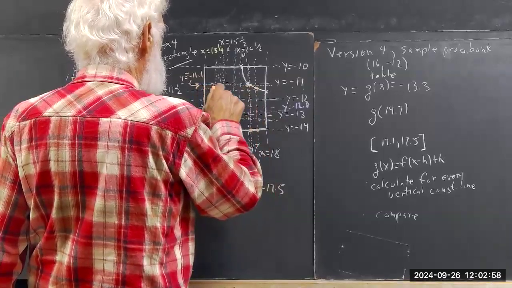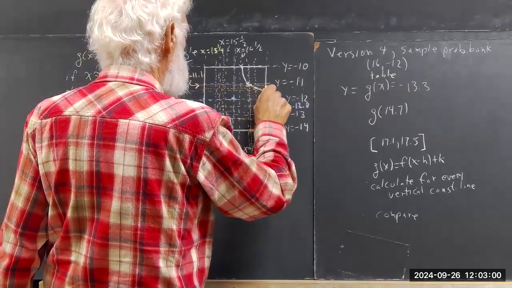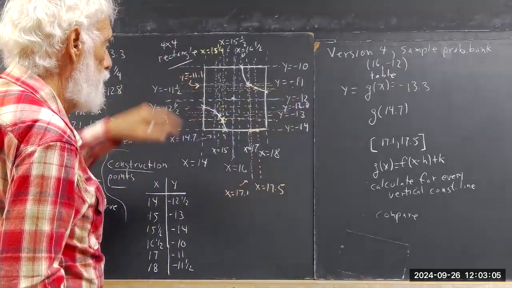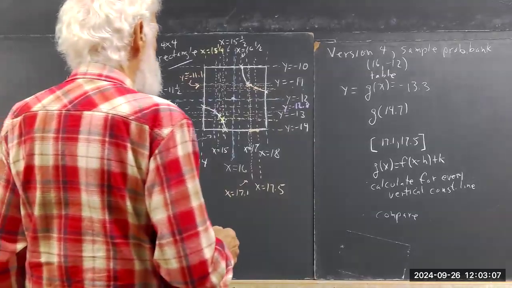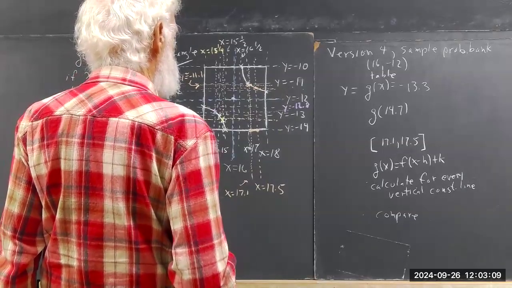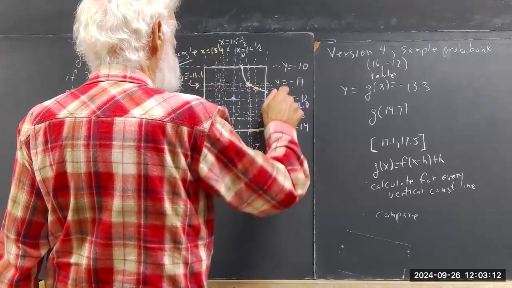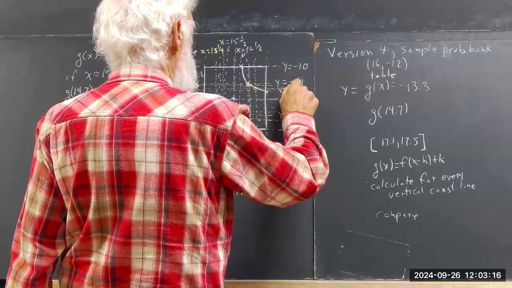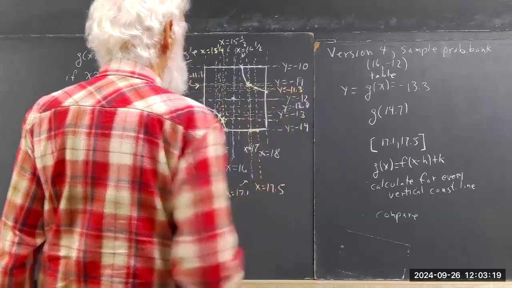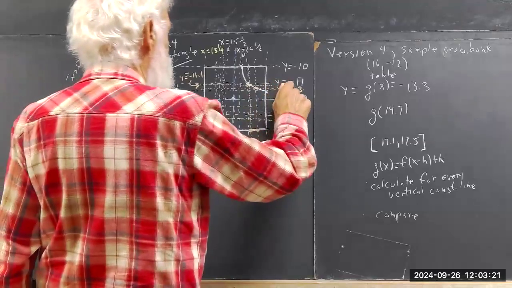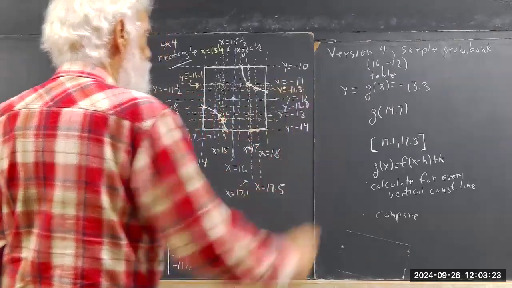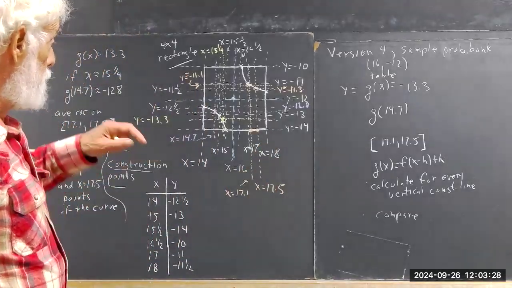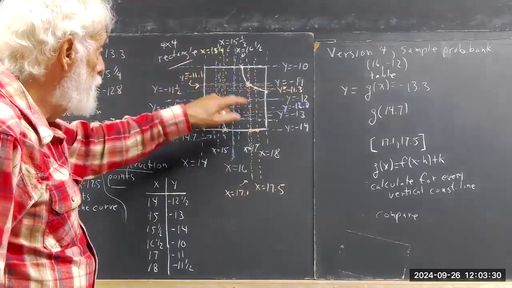Okay, so now I can draw a dotted line. Here, it's between y equals negative 11 and a half and y equals negative 11. And that looks like about negative 11.3. So y is approximately negative 11.3. So we've got these points.